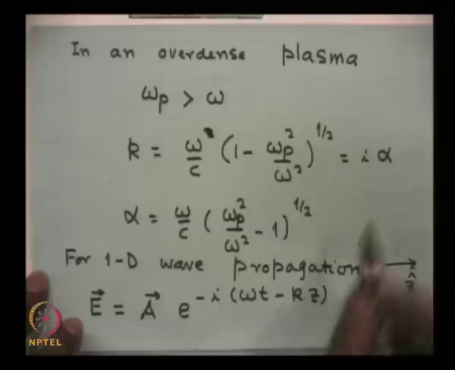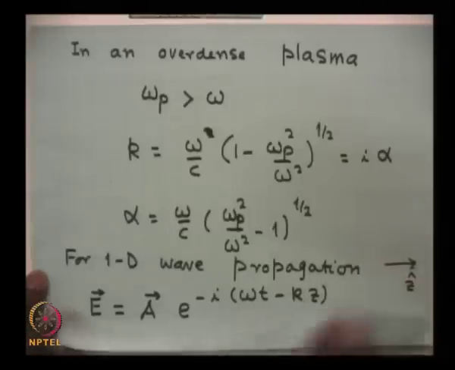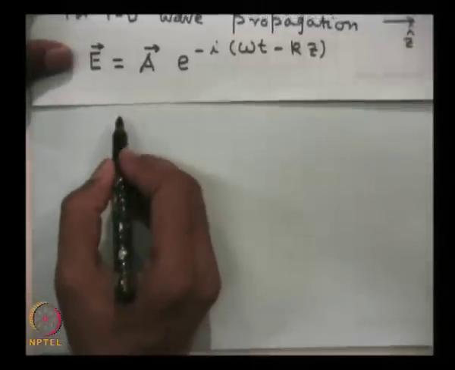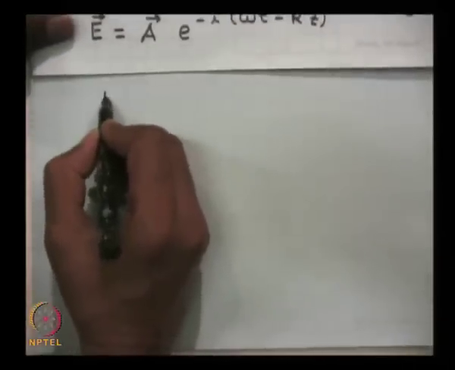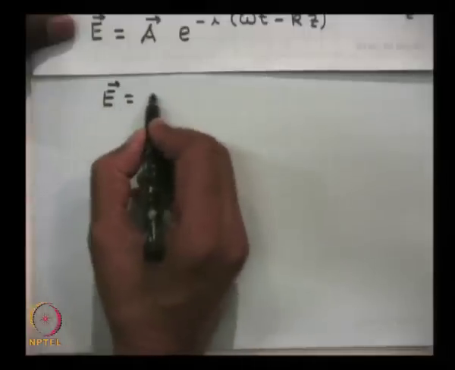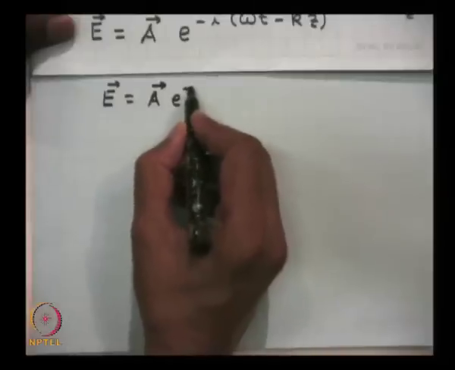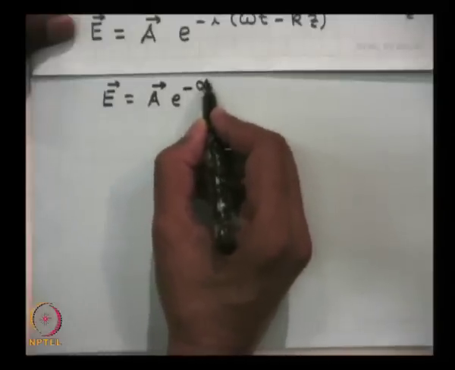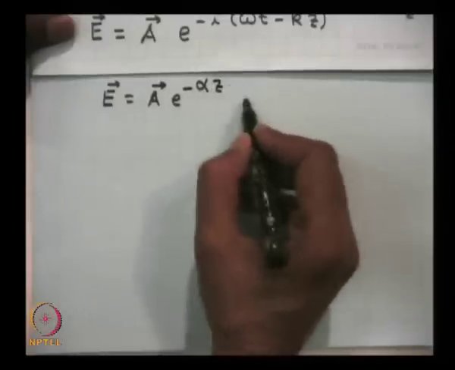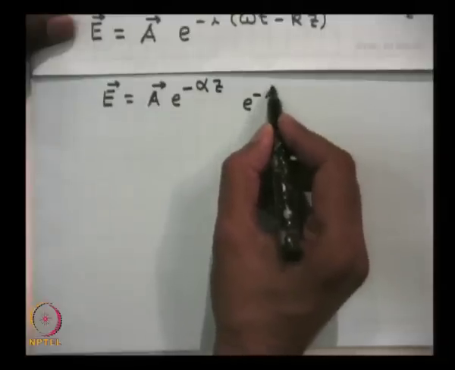If I put k is equal to i alpha here, this equation can be written as E is equal to A e to the power minus alpha z exponential minus i omega t.